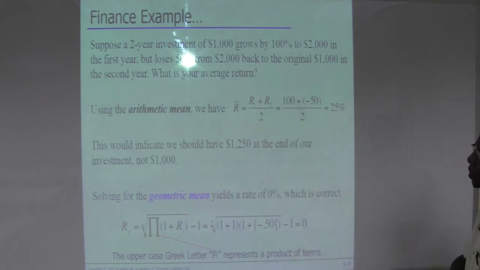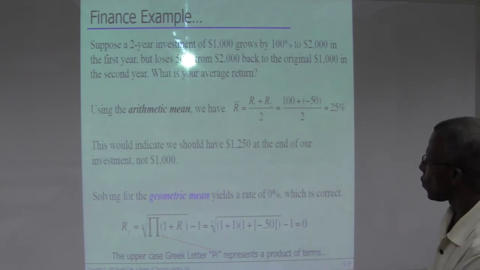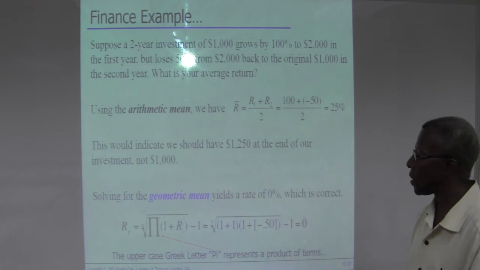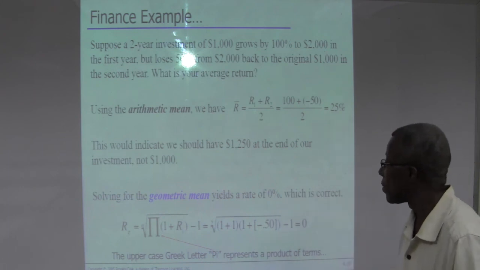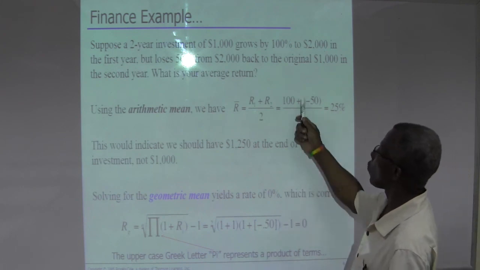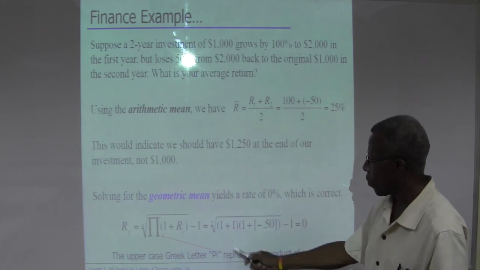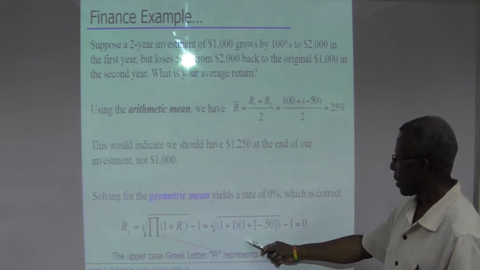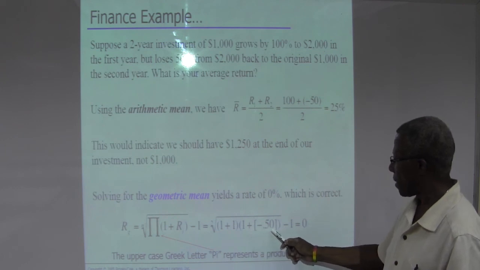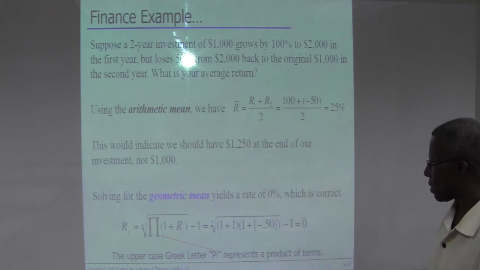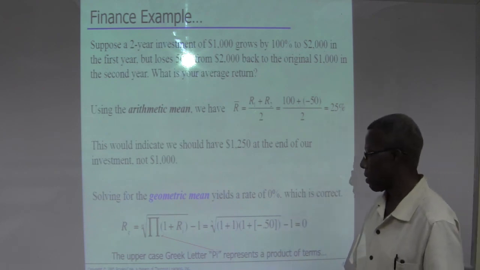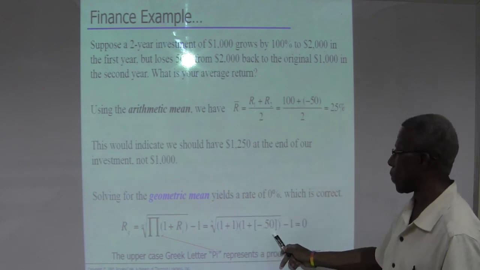One thing you must note is that when you're calculating the geometric mean, the rates of return given in percentages, you put them in decimal format. So 100% will be just 1. So 1 plus R1 is 1 plus 1, times 1 plus R2.